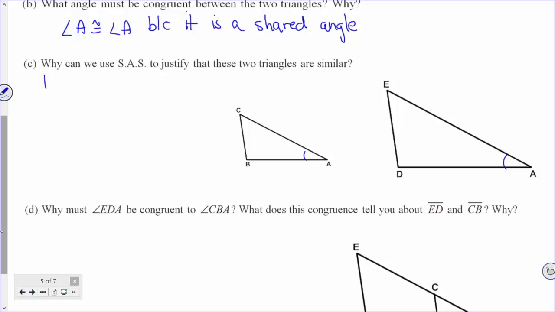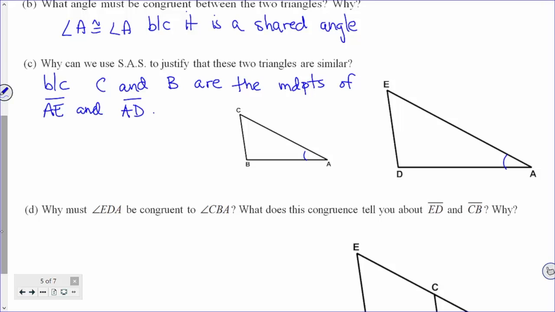Well, because C and B are the midpoints of AE and AD, well, what would we know? We would know that AE divided by AC equals 2, and AD divided by AB is equal to 2.